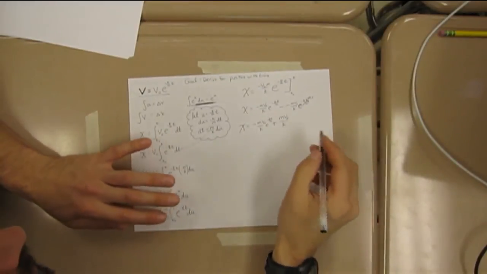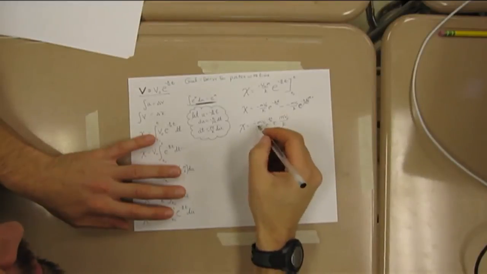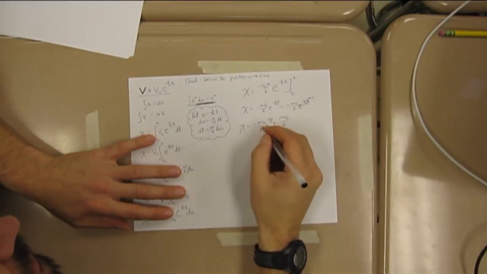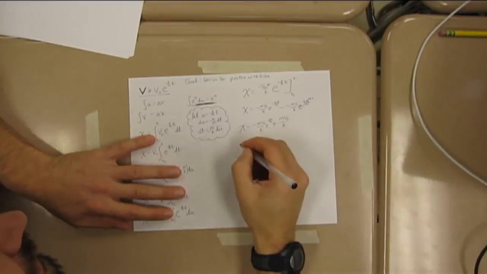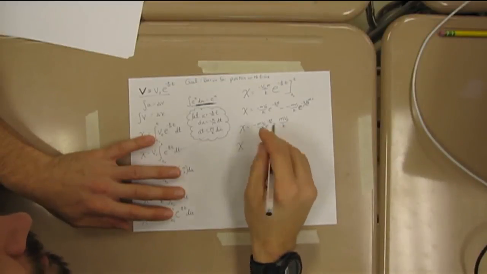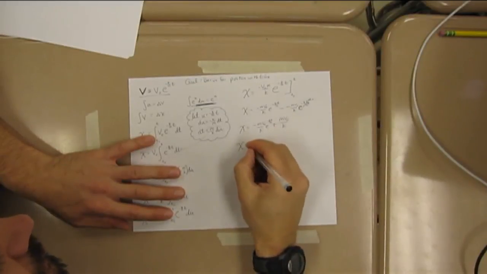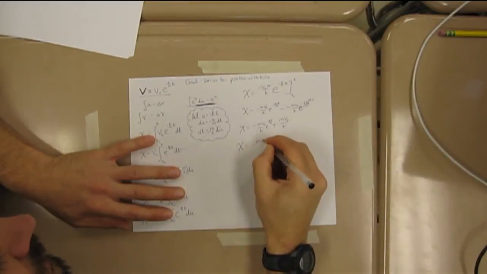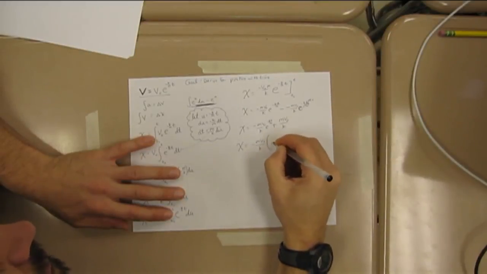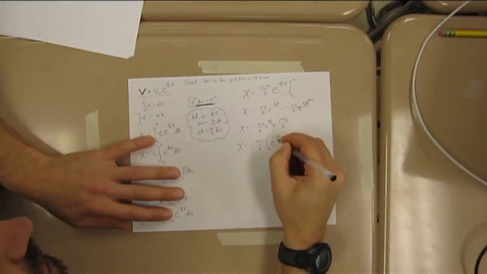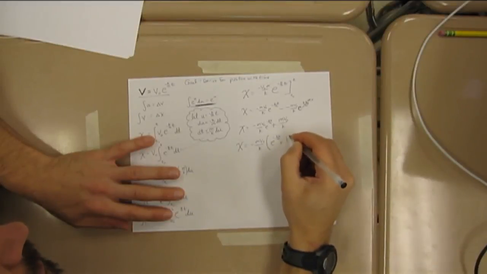We're doing good here. And now let's factor out an m V0 over k. I'll clean that up at the end. So it's m V0 over k times e to the minus kt over m. It's just a little bit of algebra cleanup at this point. Plus 1.